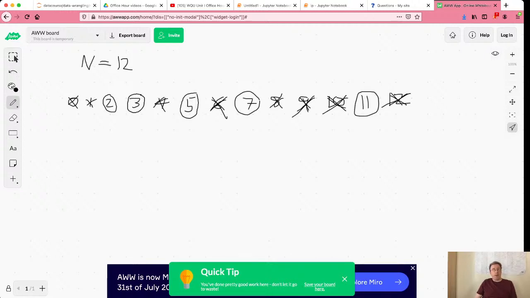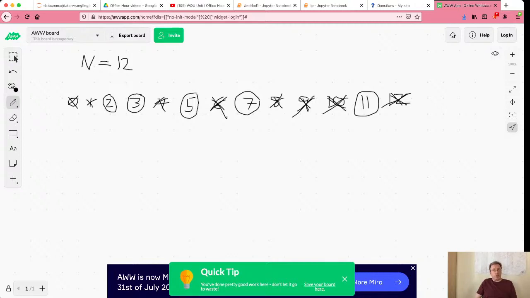All right, this is the Sieve of Eratosthenes. Basically, I keep 2, I cross out all the positive multiples of 2. Then I keep 3, I cross out all the positive multiples of 3. I keep 5, I cross out all the positive multiples of 5.